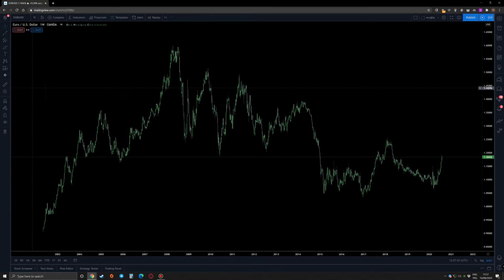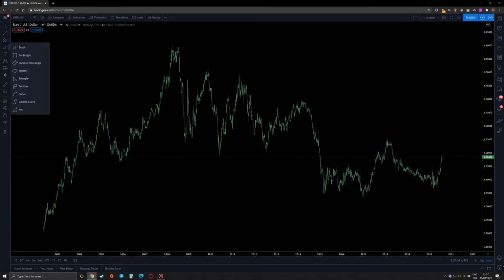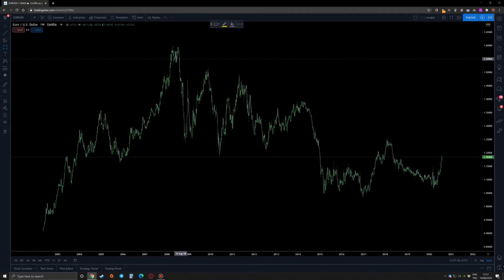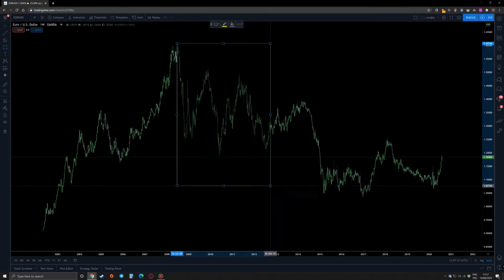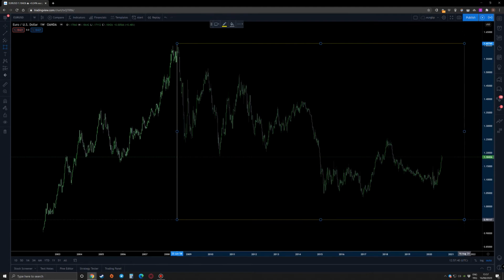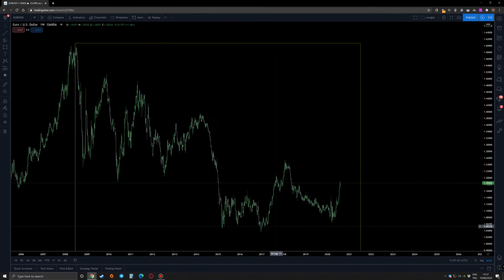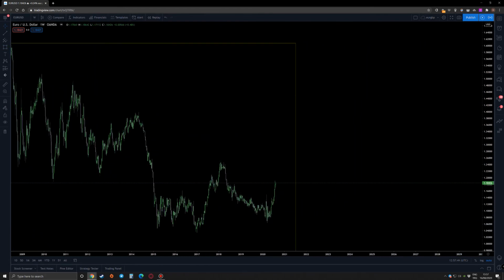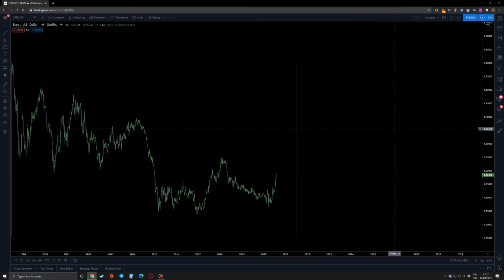If, for example, we think that this chart starts from here, and we ignore all this stuff on the left side, how many times have you seen some trader just start counting from, for example, just this?